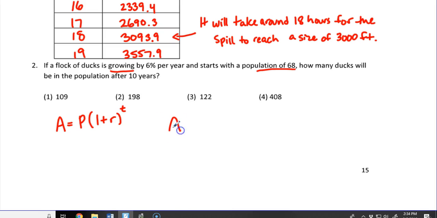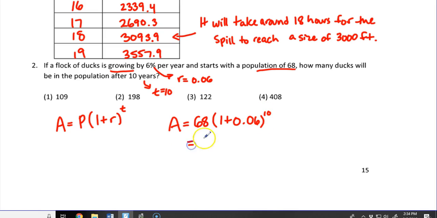So if I'm going to set up a model like that, we've got our initial amount, 68. I'm going to multiply it by 1 plus, but I need to turn that 6% into an equivalent decimal. So that means r is 0.06, raised to the t, which in this case is 10 years.